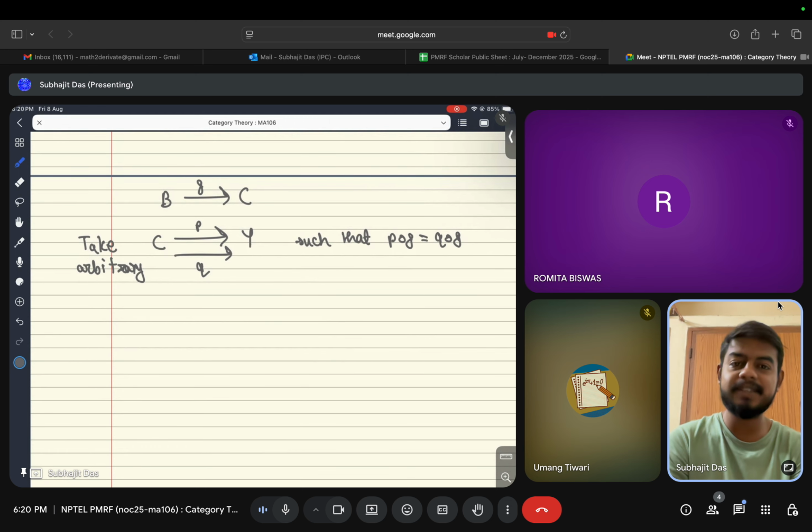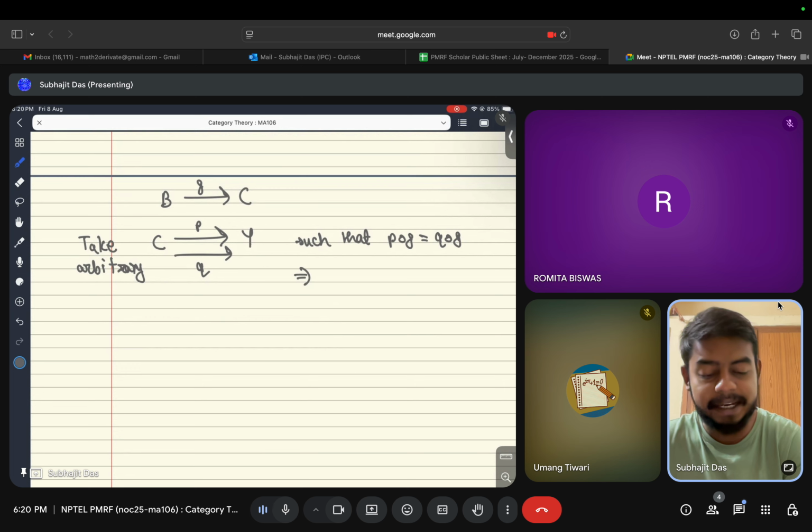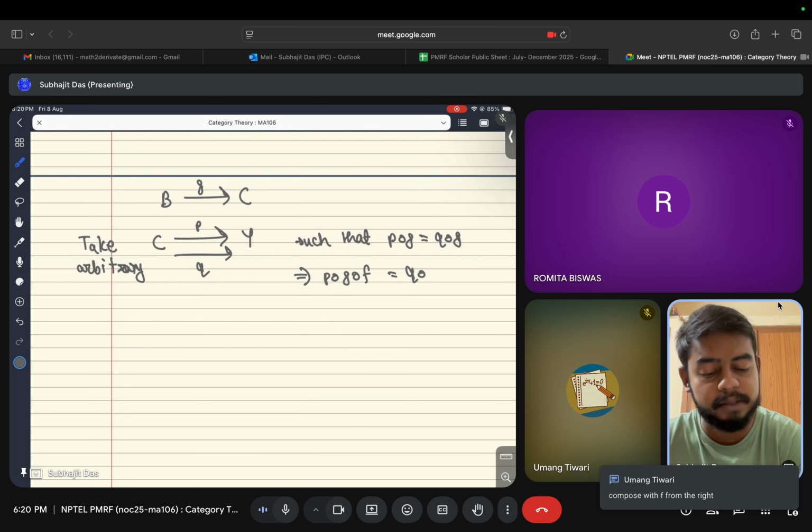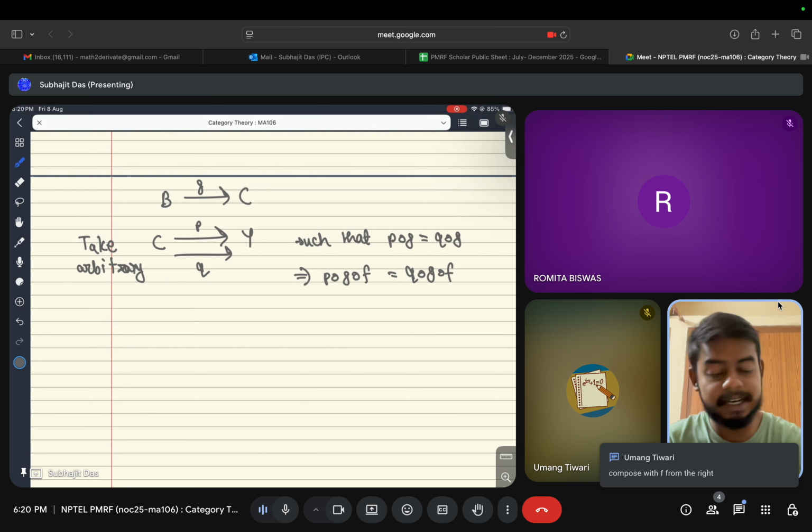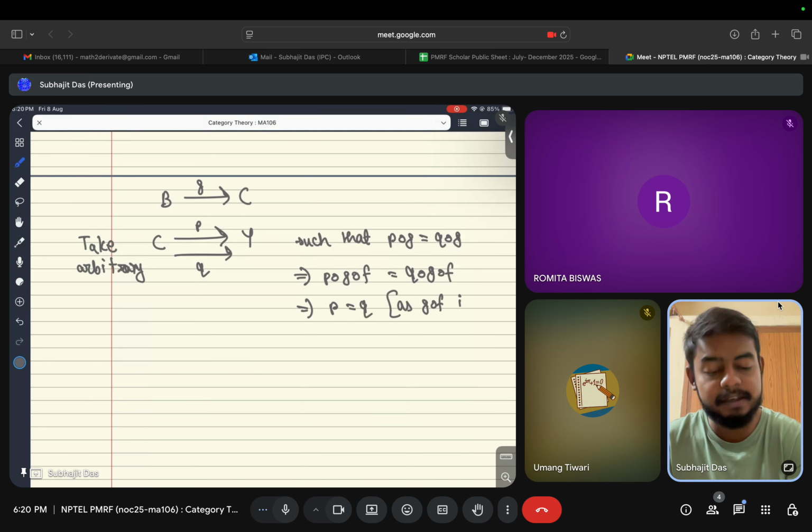Since G composed F is an epimorphism, we can compose with F to obtain P composed G composed F is equal to Q composed G composed F. Exactly. And this again, since G composed F is an epimorphism, implies P is equal to Q.